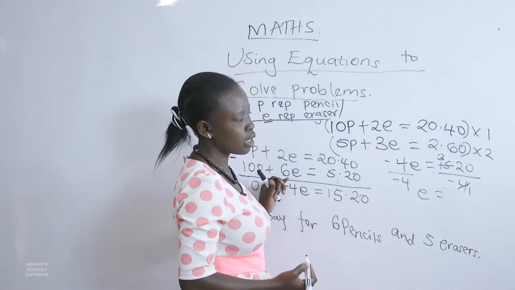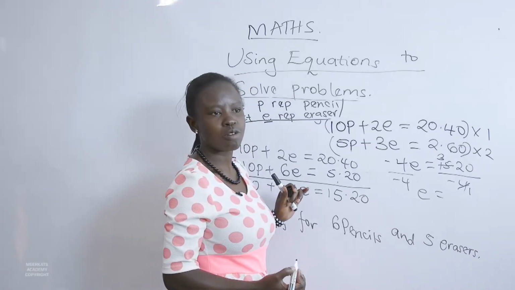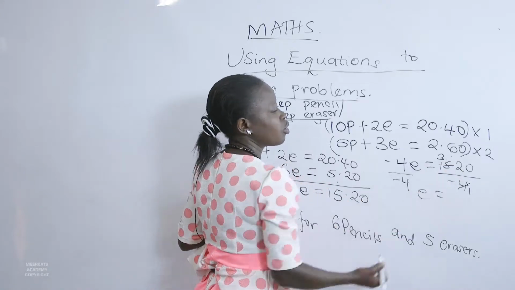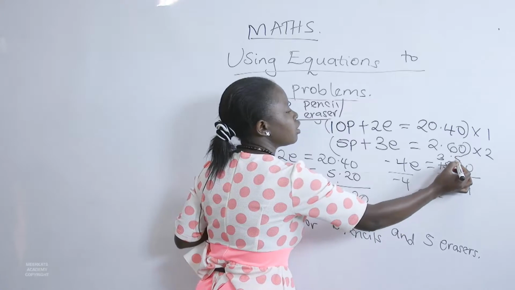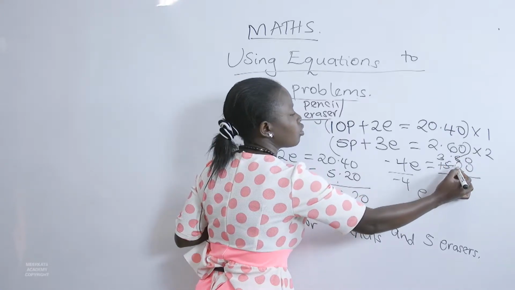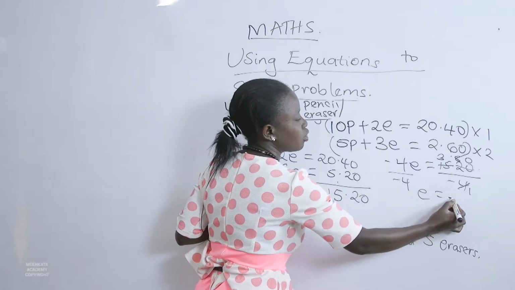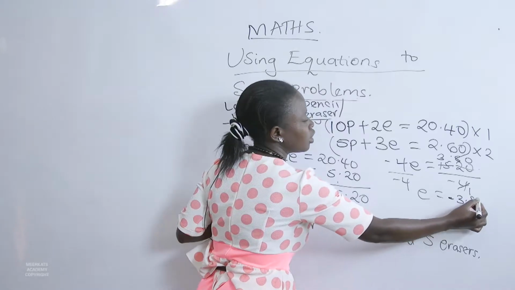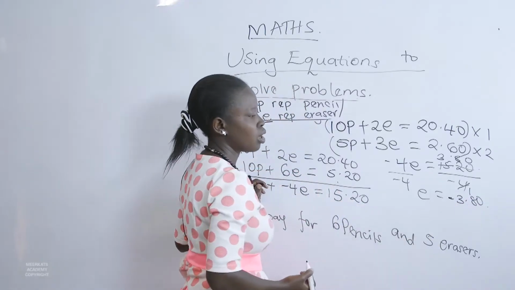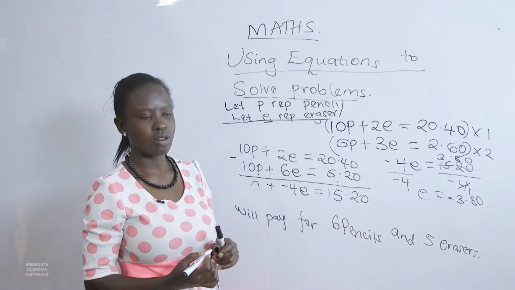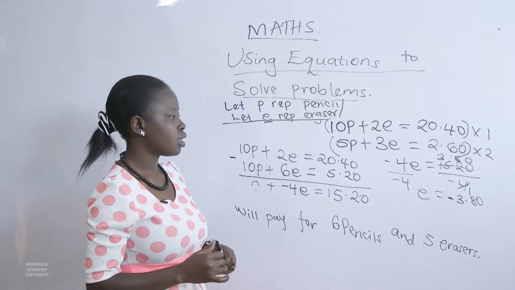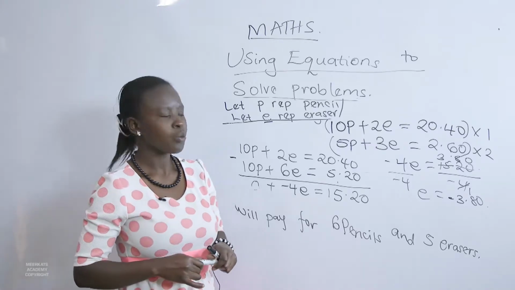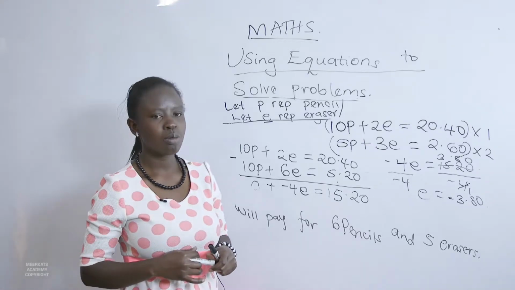So we have a remainder of 3. So 4 into 32 is 8, and 4 into 0 we have 0. So this means that we have negative 3.80 as our value. That is the value of e.